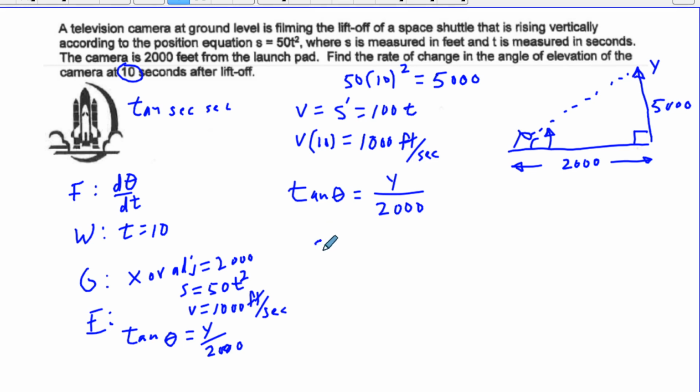So what we have on the left here is secant squared theta, and we have d theta dt. And on the right, the derivative of y is y prime, so we're going to have dy dt over 2,000.